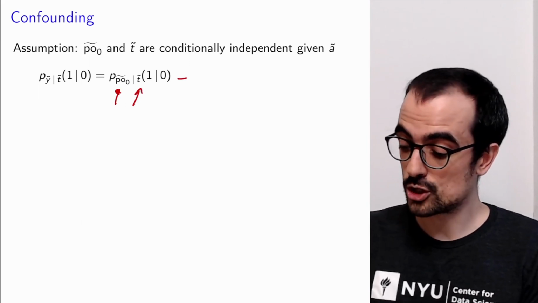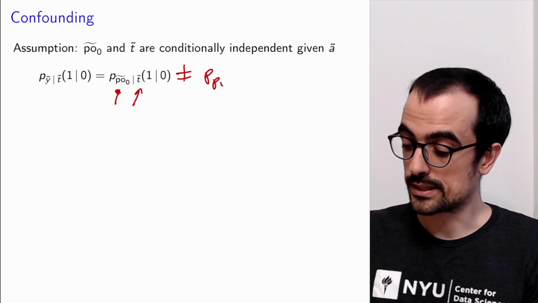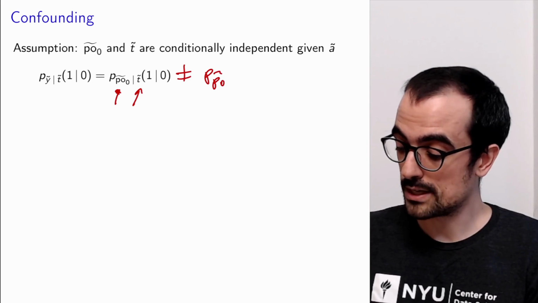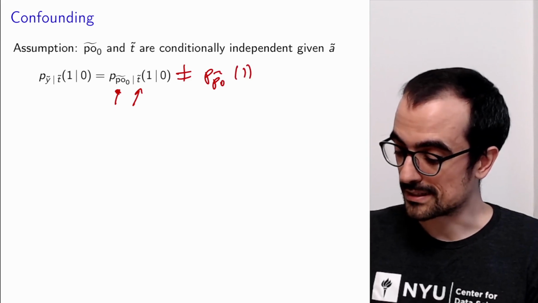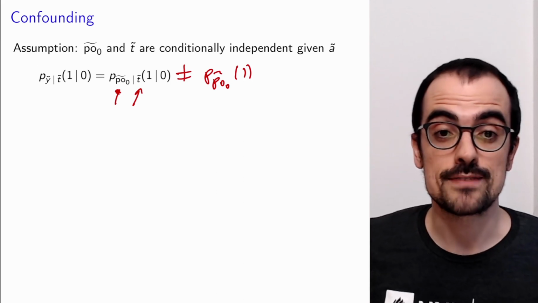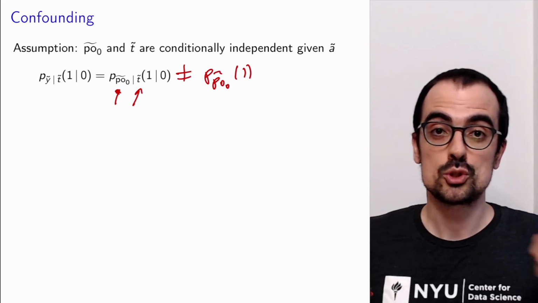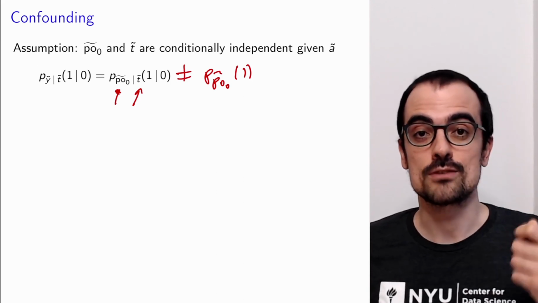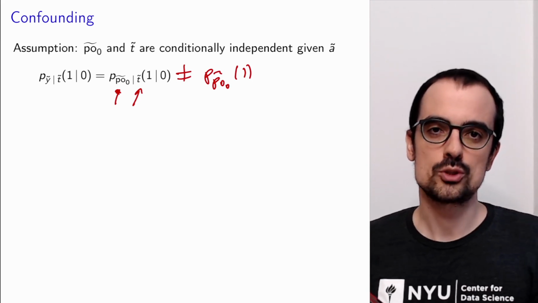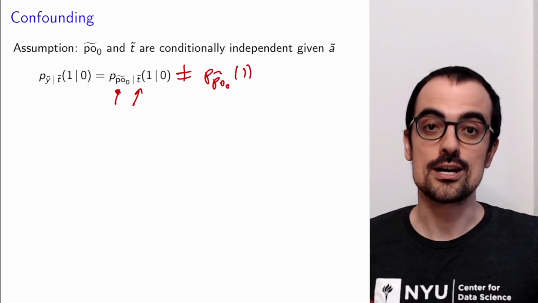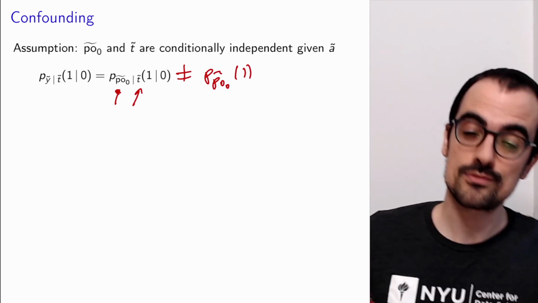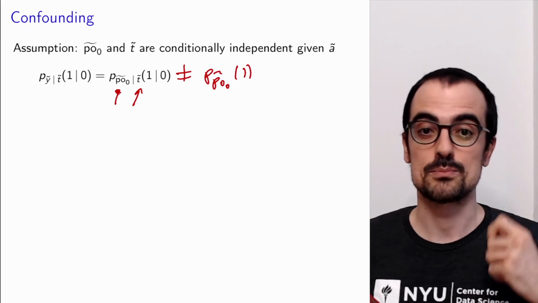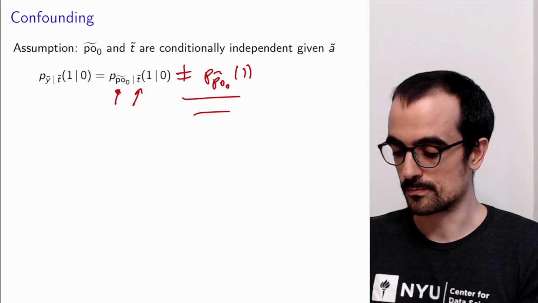This is definitely not equal to just the probability of the potential outcome being equal to 1, because in our data set, treatment and the potential outcomes are not independent because of age. Basically, we saw that treatment is much higher for young people, and those young people have different potential outcomes. So because of age, there is a dependence between the treatment and the potential outcomes. So this is definitely not true.